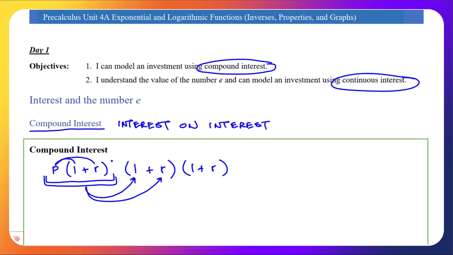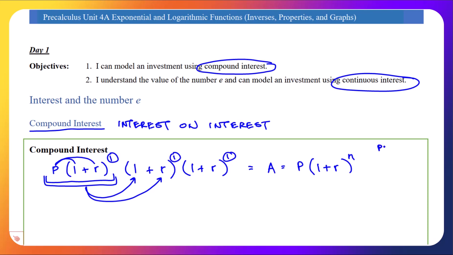So the total amount is going to be P, the amount I start with, times 1 plus R, and I'm going to have N of these for the number of years.